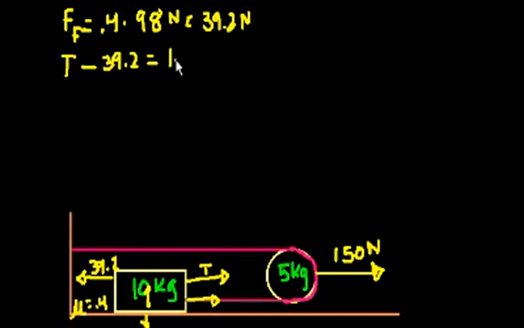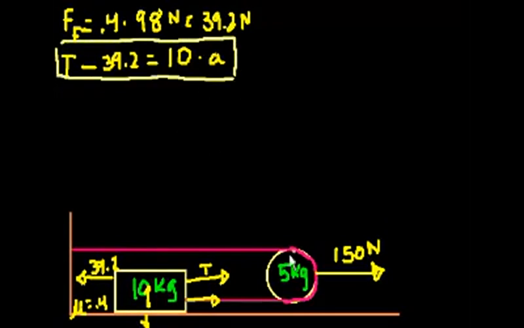It's 10. And if we knew the acceleration, we wouldn't have to do this problem. So we don't know what it is, so let's just say it's A. So 10 times A. So these are the net forces acting on this mass. And we don't know what A is, so let's put that aside a little bit. Maybe I'll put a little square around it.